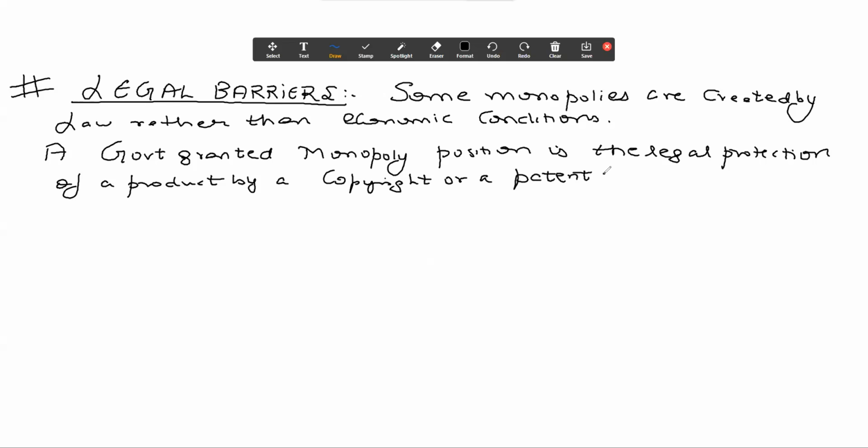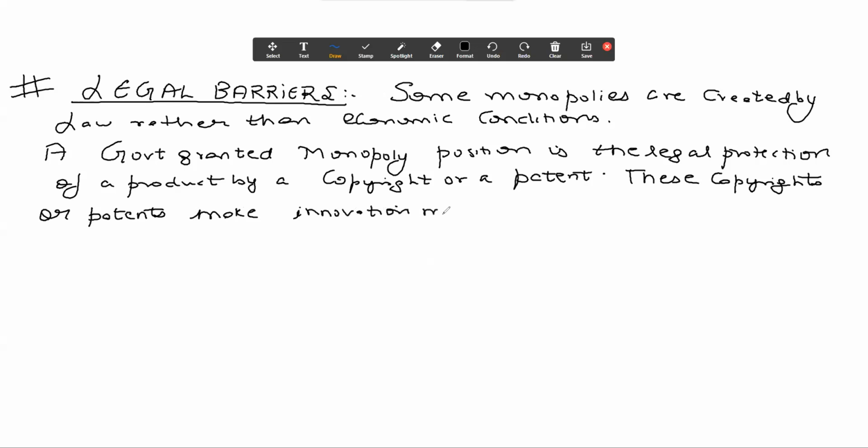Okay, so now in this case, the government is creating a monopoly. The government is creating a monopoly by giving the monopolist the copyright or the patent for it. Okay, so these copyrights or patents make the innovation more profitable.